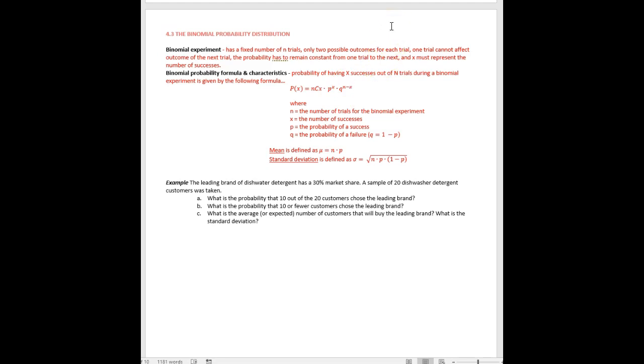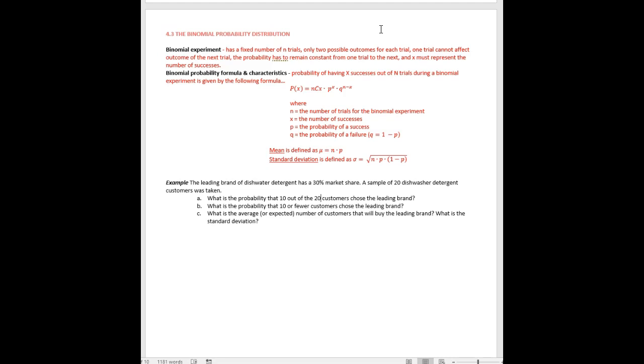One trial cannot affect the outcome of the next trial. The probability has to remain constant from one trial to the next, that is to say, each trial is independent. Flipping a coin is a perfect example. You flip a coin, the chance of getting heads is 50%.